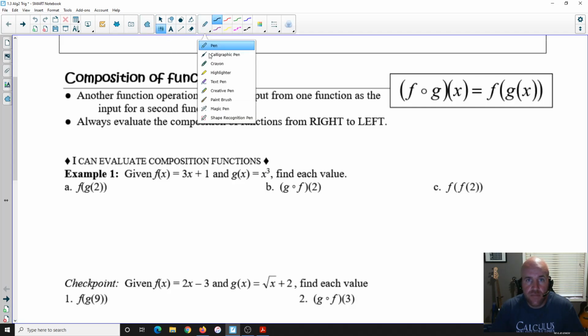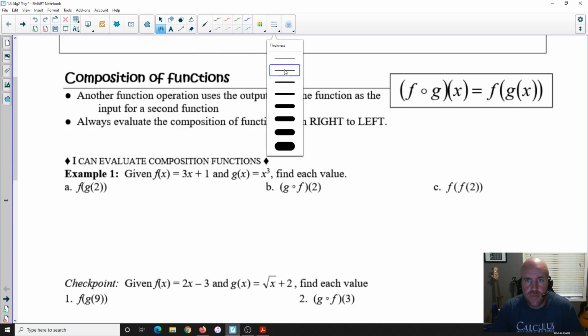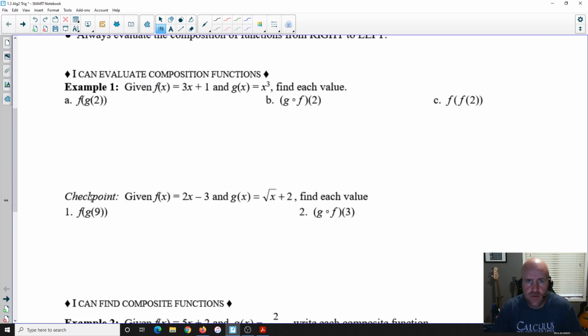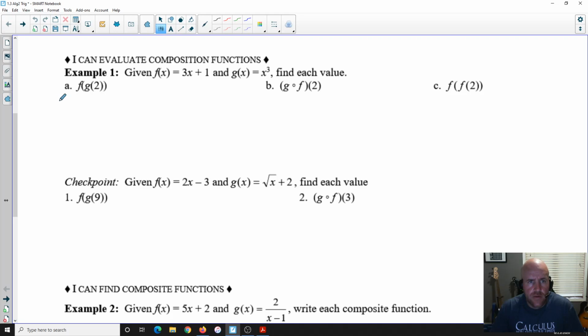So let me get my pen out here. And so we write f. So every time you say x, I want you to write parentheses, just kind of like we were doing with function evaluation. So 3x, so there's the parenthesis. You want to give yourself enough room so you can put g in there. And then plus 1.